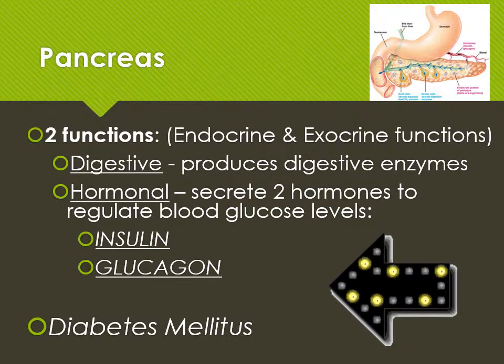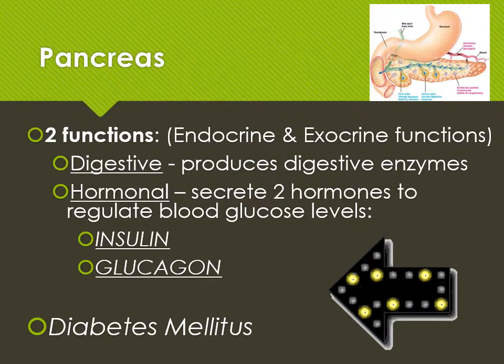For all types of DM, the main feature is chronic hyperglycemia resulting from problems with insulin secretion, insulin action, or both. The disease is classified by the underlying problem causing lack of insulin and the severity of the insulin deficiency.